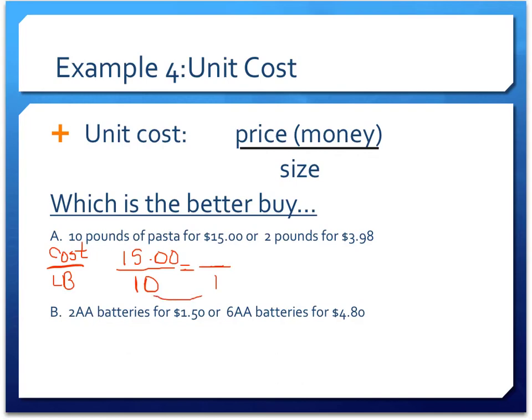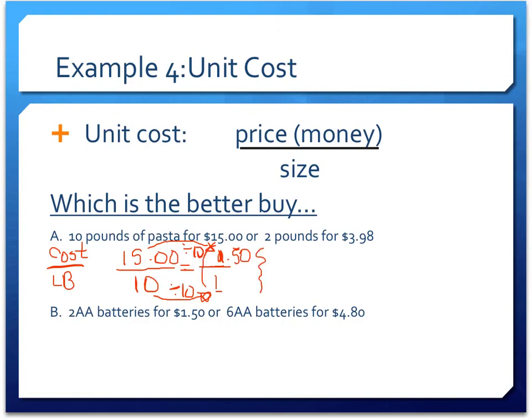So I use my proportionality, or equivalent fractions, so I'll take 10 and divide it by 10 to get 1. Whatever I do to the denominator, I do to the numerator. And 15 divided by 10, again, slide the decimal 1 to the left, so that's going to be 1.5. When you think about money, you would then add a 0 to it, so that'd be $1.50 per pound if I bought the 10-pound version.